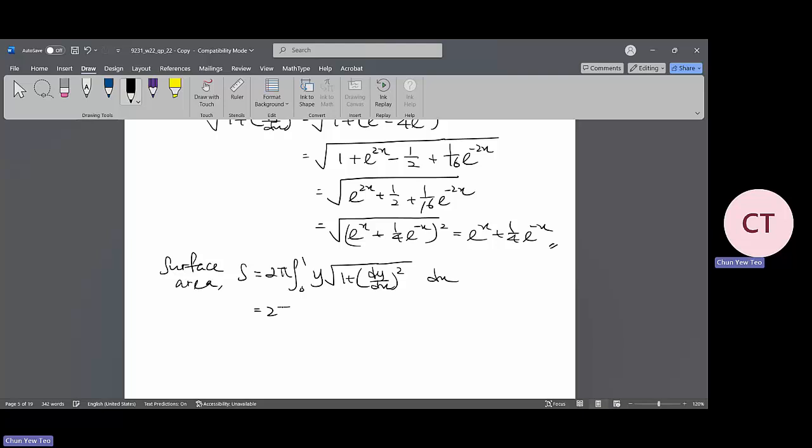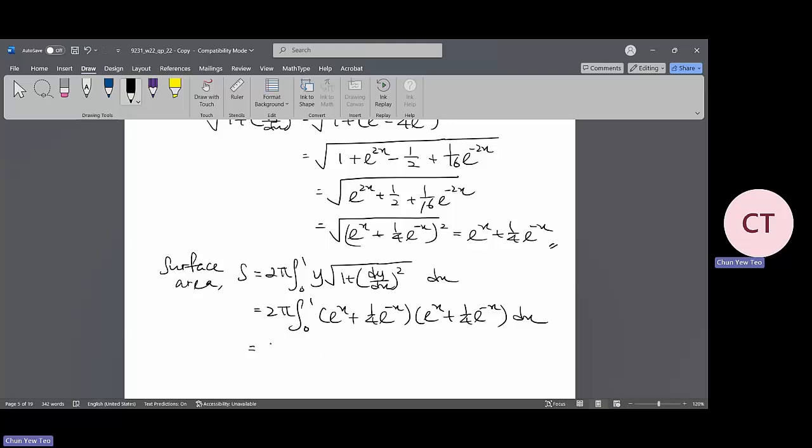Then just replace the y. Convert the y to become e^x minus 1 over 4 e^(-x). This one will be e^x plus 1 over 4 e^(-x) dx. Okay, so you will expand them. Sorry, this is a plus.